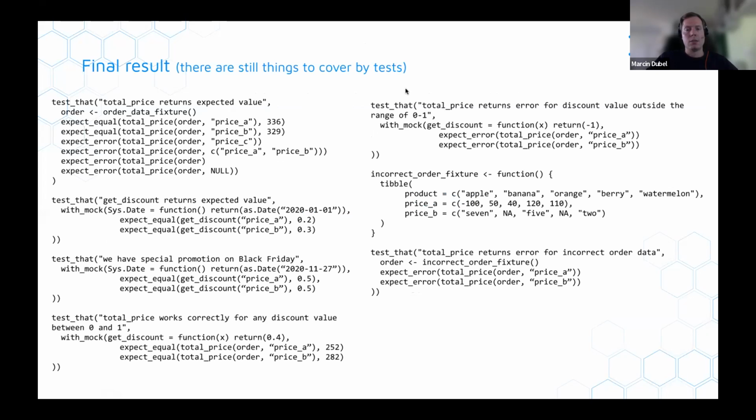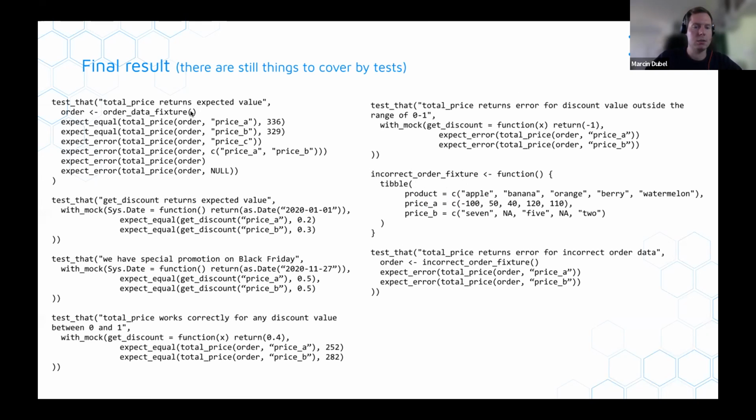So there are mock examples. Again, we are coming back to our get discount and the total price example. And here what we are using is that we are using a fixture to have the incorrect input. We can have a separate fixture that is not on that slide.